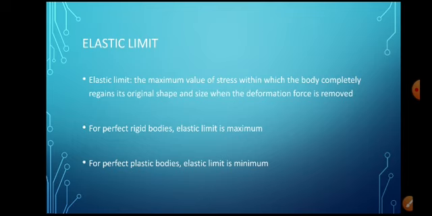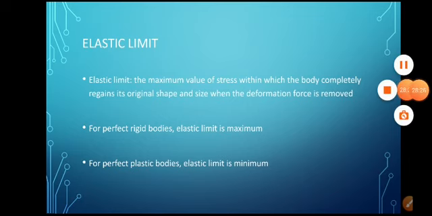So you take a normal iron wire, in normal language we call it binding wire, bend it twice, thrice and continue the bending, right? At a certain time it breaks into pieces, right? Stretch a rubber band to a certain extent, remove your force, then it regains its original shape and size, otherwise it breaks into pieces.